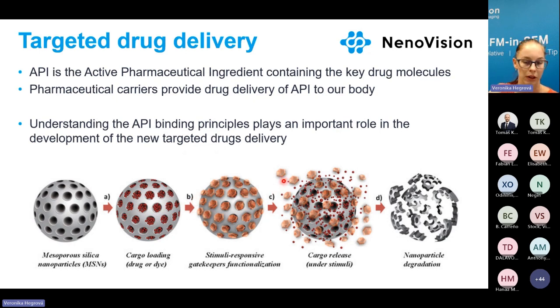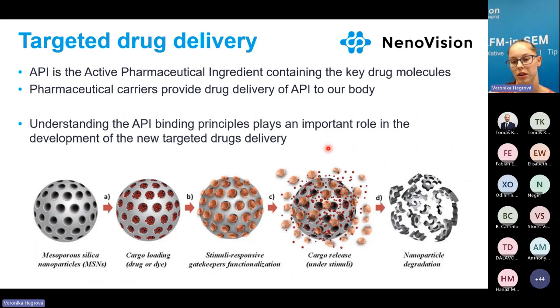But what can happen is that the active ingredient gets out of the pores and recrystallizes, and then it has different properties and doesn't work as well as it should.